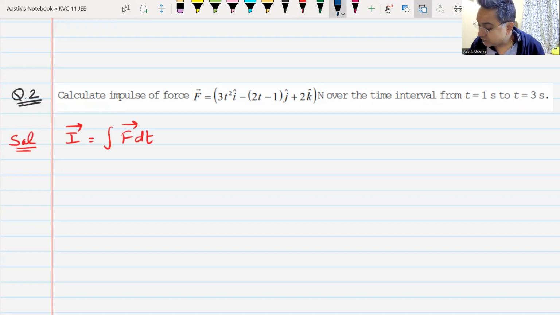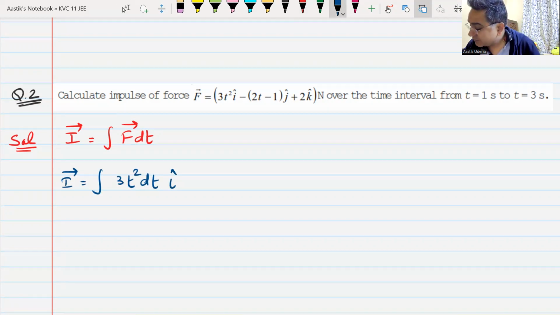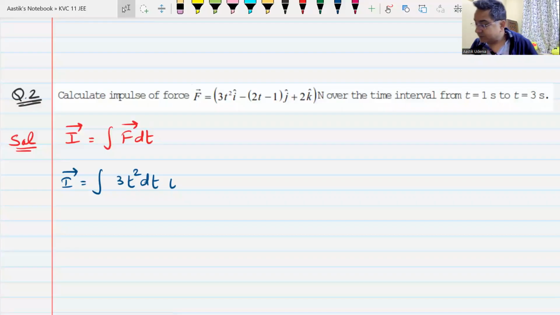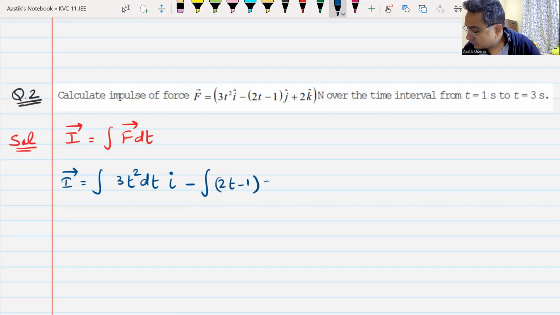Integrate what? So impulse would be the integral of 3t² dt, I can keep them separately, minus the integral of (2t − 1) dt for j, plus 2 times dt for k.